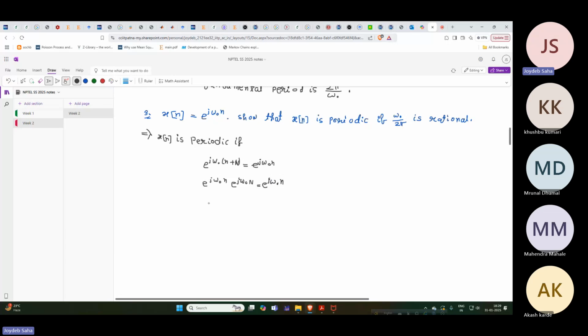So we will get e to the power j omega 0 capital N is equal to 1, right? So this will hold.